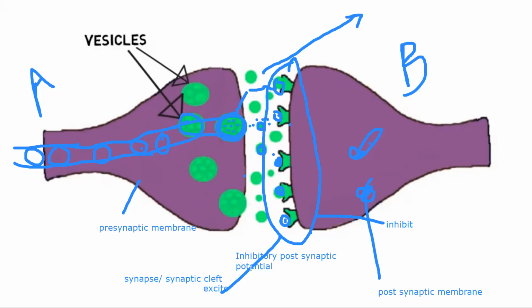But when we say there's an inhibitory postsynaptic potential within neuron B, then it means that it then what? It decreases the activity, or whatever activity was going on within what? Within neuron B. So naturally, that's what happens.